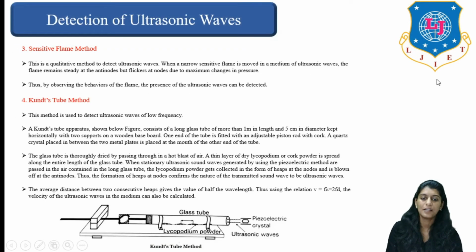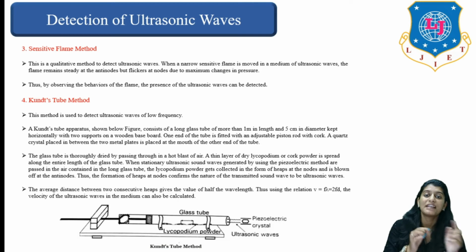Now the third method is the sensitive flame method. What do we mean by sensitive flame method? This is basically a qualitative method to detect ultrasonic wave. When a narrow sensitive flame is moved in a medium of ultrasonic wave, the flame will remain steady at antinodes, but it will flicker at nodes.